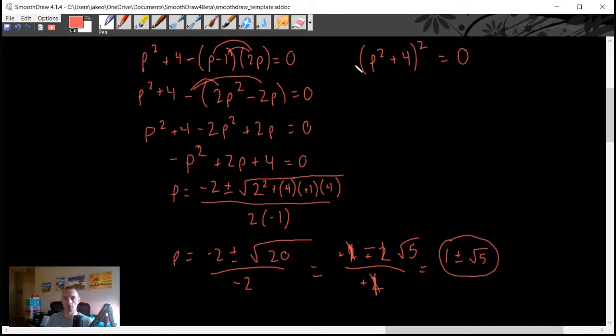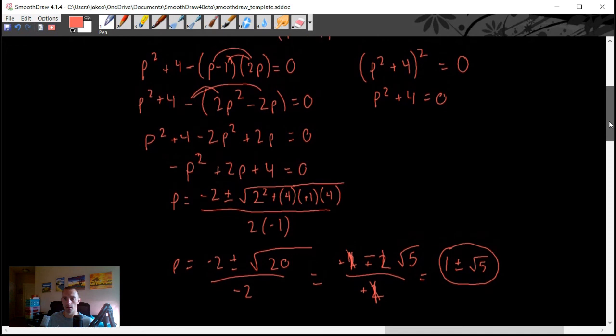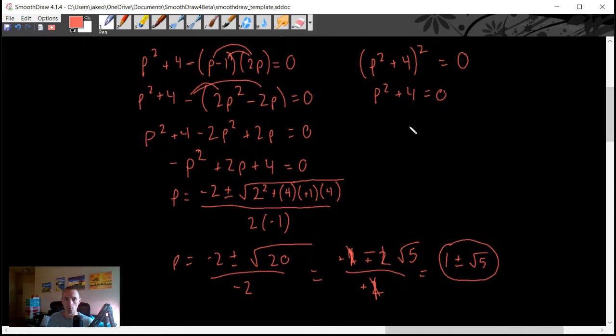Then we just need to solve this equation. So if we square root both sides, we get p squared plus 4 equals the square root of 0, which is just 0. And then we minus 4 from both sides. P squared equals -4. Well, you can't square root a negative.